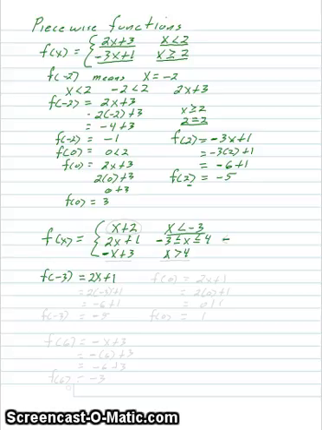I have to use this middle expression because negative 3 is less than or equal to. So the negative 3 belongs to the 2x plus 1. So I substitute negative 3 in for the x. So I get negative 6 plus 1. So the function evaluated at negative 3 is equal to negative 5.